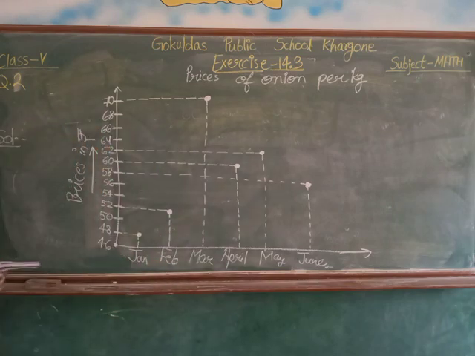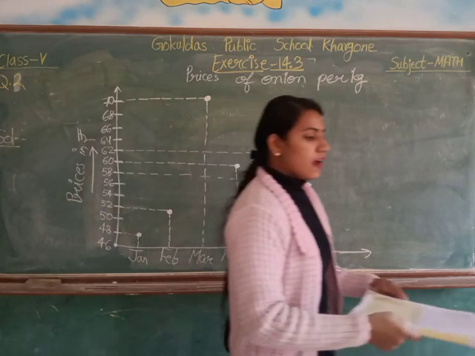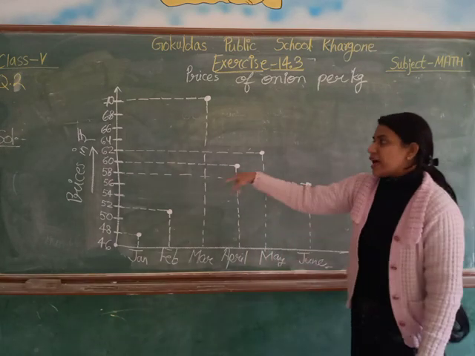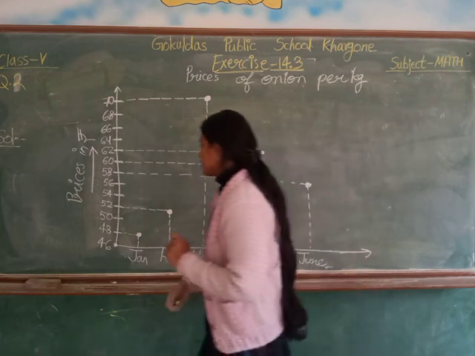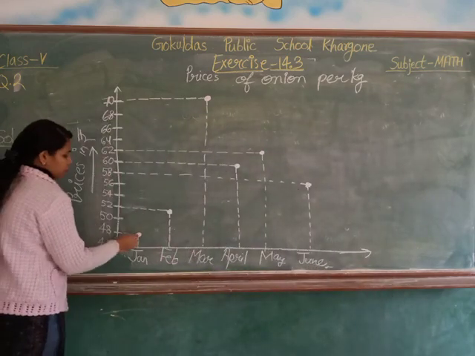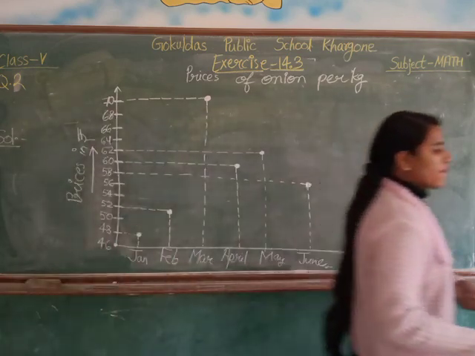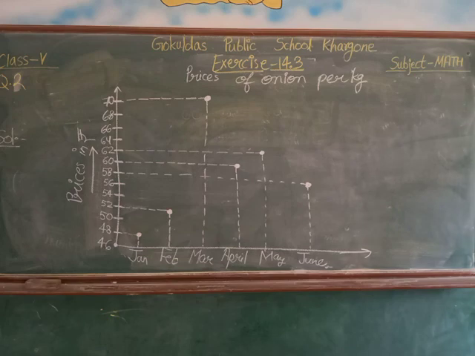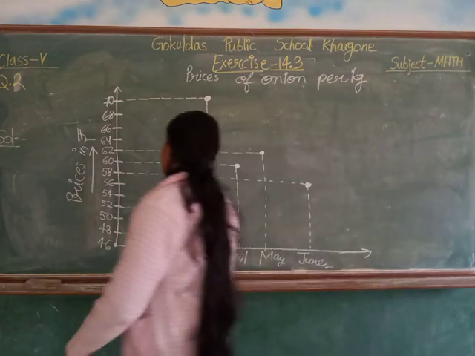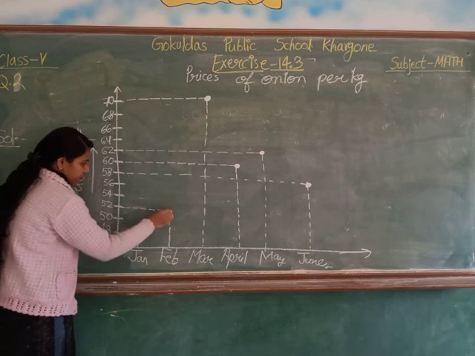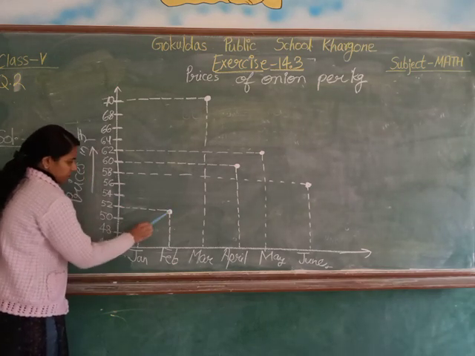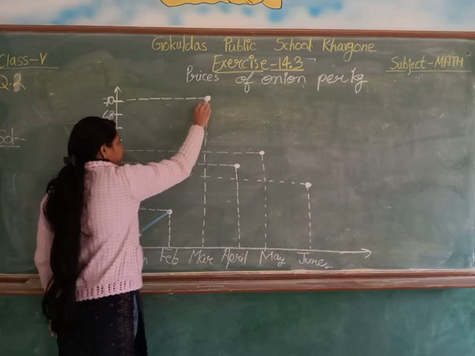Okay. Now we got all the points. And what is a line graph? A line graph is a connection of several points with the help of a straight line. So now use a scale to draw the straight line. With the help of a scale, join the points.